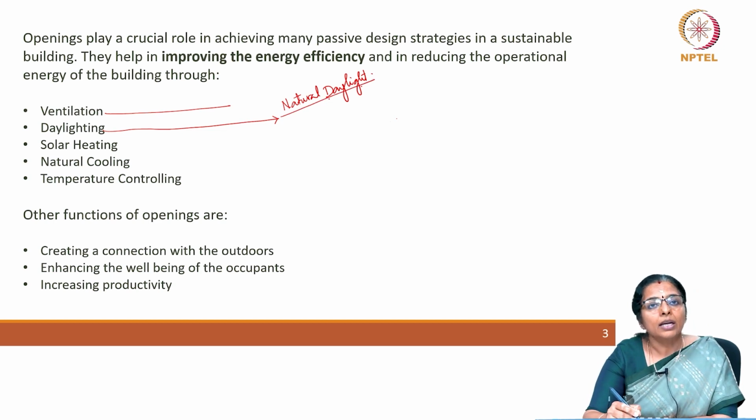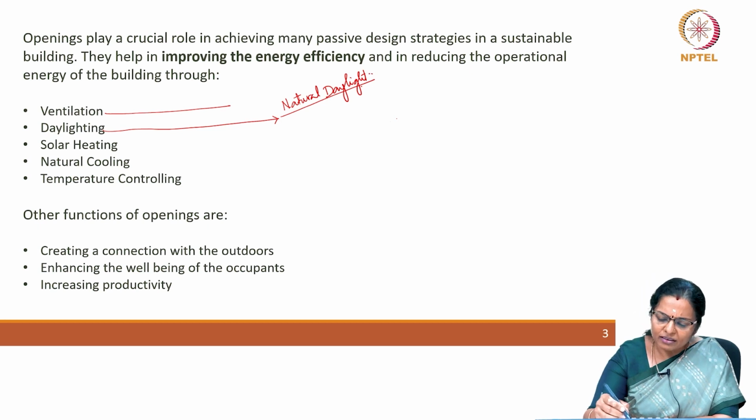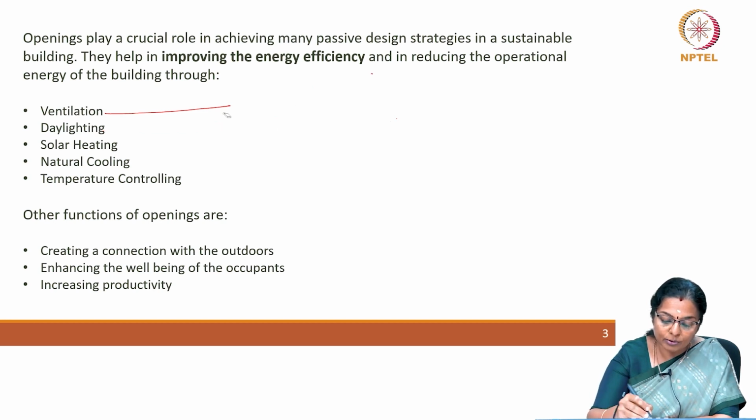By bringing in natural daylight, the operational energy is reduced because the reliance on artificial lighting system is reduced or completely can be avoided, and hence it is directly benefiting the operational energy use. And it's a vicious cycle. We have already seen that operational energy and greenhouse gas emissions, they are all directly related.